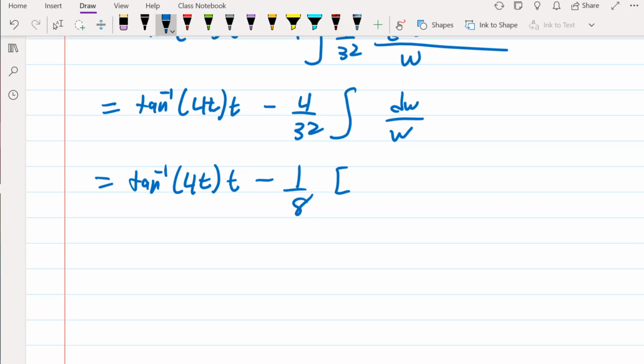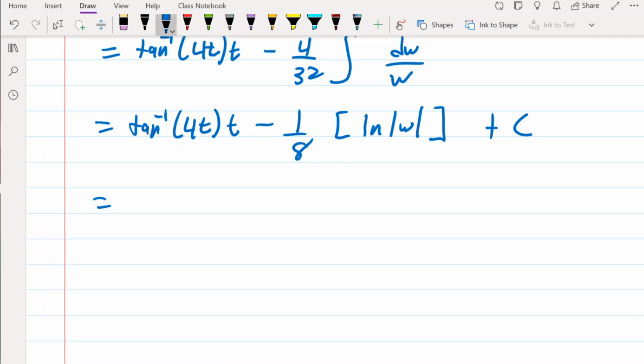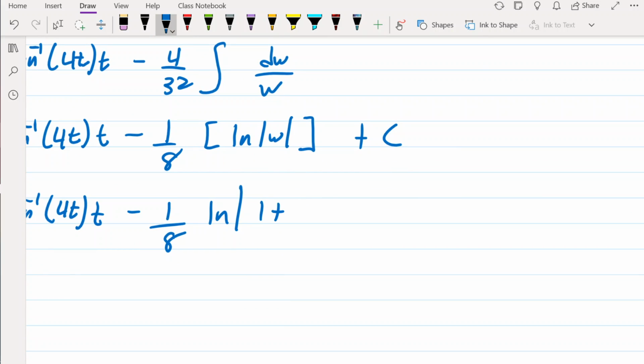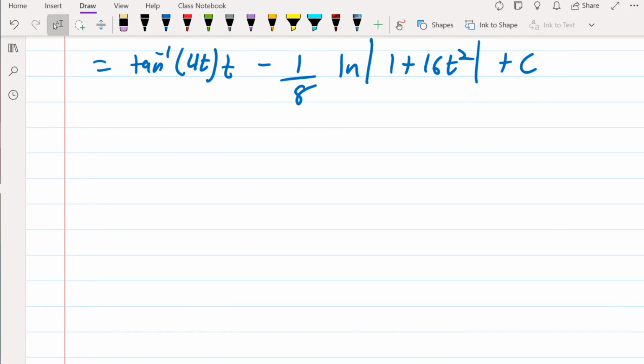We're going to just integrate that real quick, which will be ln of w, and again plus c. Then we'll neaten everything up and resubstitute back in. So we have t arctan of 4t minus 1 over 8 ln of the absolute value of 1 plus 16t squared, plus c. Let me check that answer real quick. Perfect.